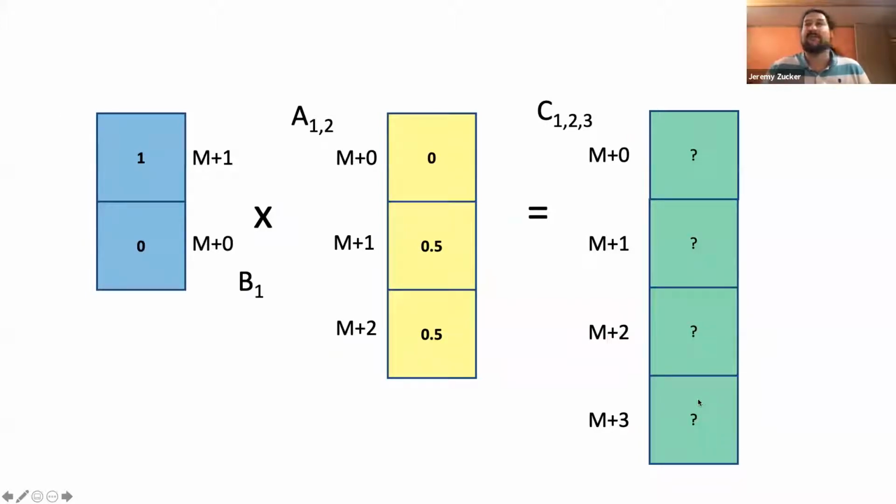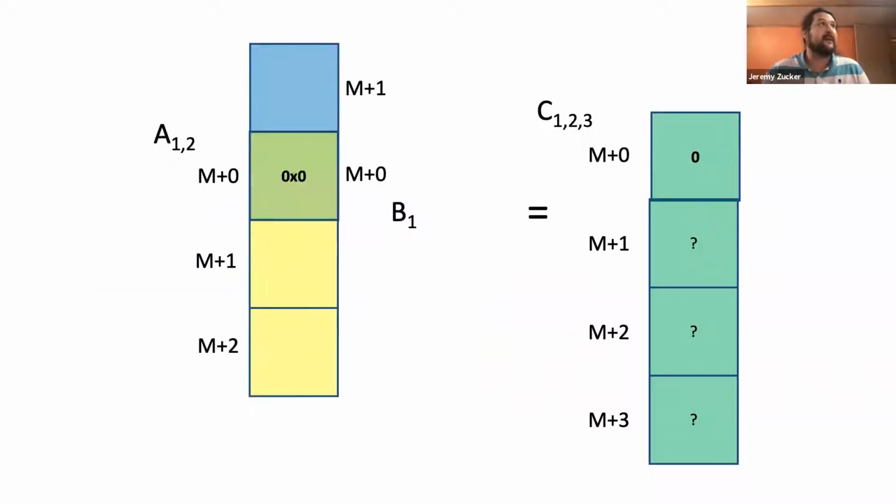The first thing we do in a convolution is flip B1 upside down. It was like this, and now we're flipping it upside down. And then we slide B1 all the way down through A1, 2, and every time there's an intersection, blue and yellow makes green, then we perform a calculation.